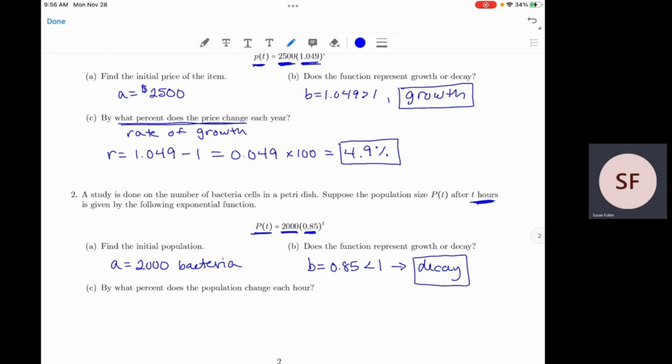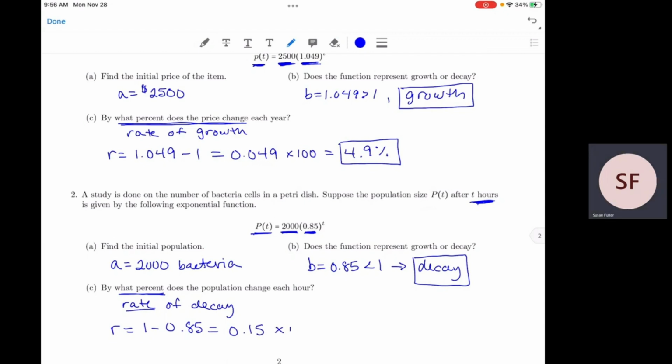And then by what percent does the population change each hour? That means we're looking for the rate of decay R. To find R with a decay, our R value is going to be 1 minus B, and our B value is 0.85. So that means our R value is 0.15.